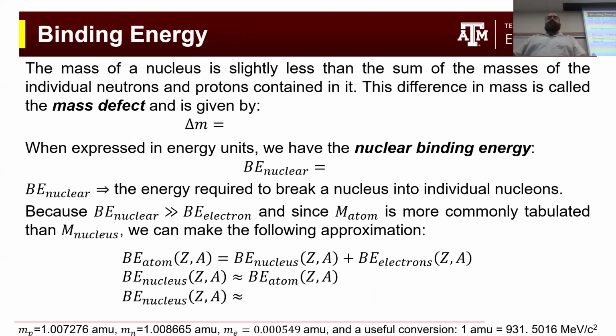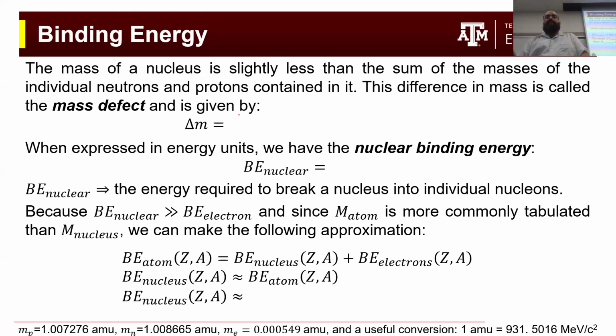If you think about a nucleus by itself, which is composed of protons and neutrons, and you were to put all of those individual nucleons on a scale, and then you were to form that nucleus and put it on the scale, they're not going to weigh the same. The individual nucleons are actually going to weigh slightly more than the nucleus itself. And that mass difference is given by the mass defect, which is this delta M.